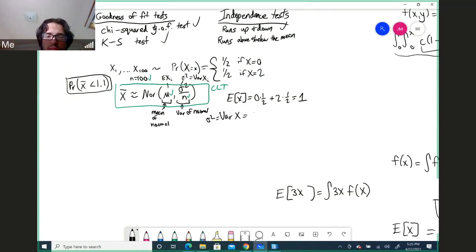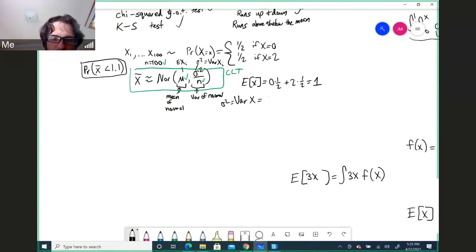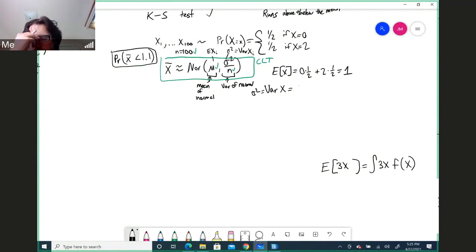Alternatively, you can use the definition, which depends on whether it's continuous or discrete.